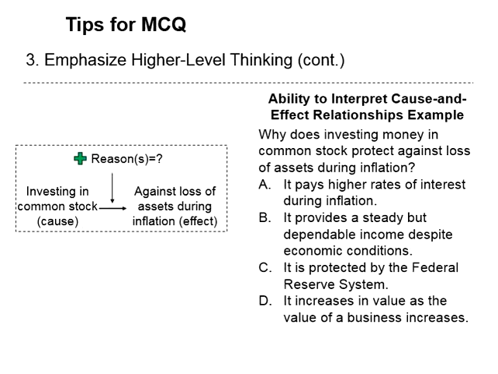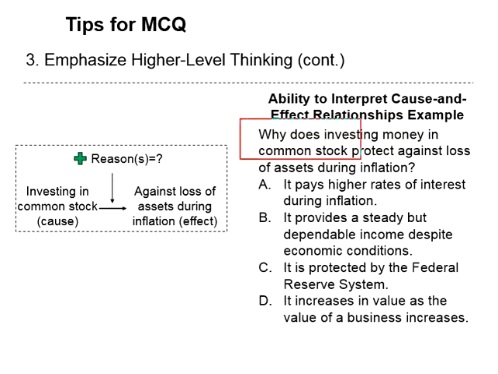You may also use another method, which is the cause and effect relationship. This will assess the ability of the students to interpret the cause and the effect of a situation. Let's say now this question: why does investing money in common stock protect against loss of asset during inflation?